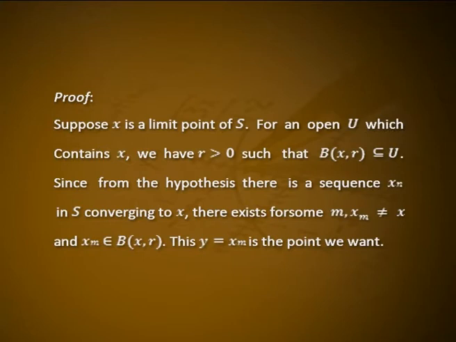This y equal to x_m is the point we want. Conversely, for every n, B(x, 1/n) contains x_n not equal to x with x_n an element of S. This x_n converges to x, which shows x is a limit point of S.